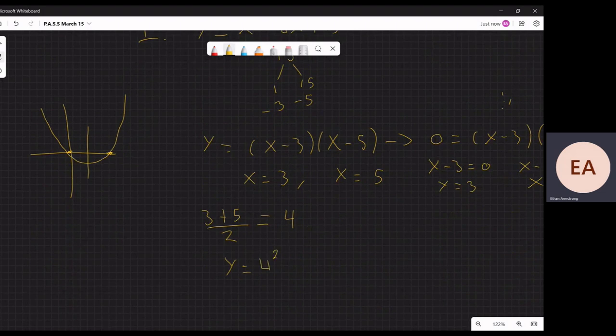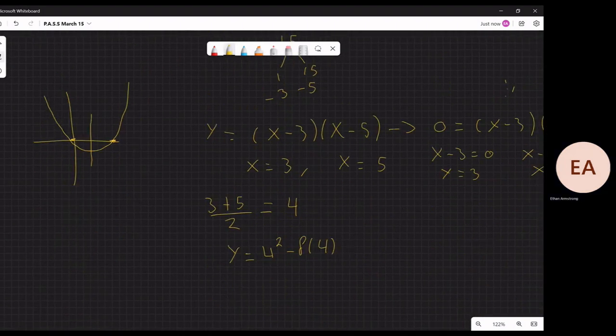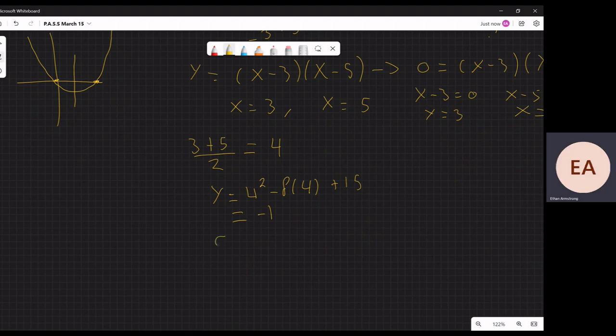So y equals 4 squared minus 8 times 4 plus 15, and that means our y value is -1. Therefore, the vertex is at coordinates x equals 4 and y equals -1.